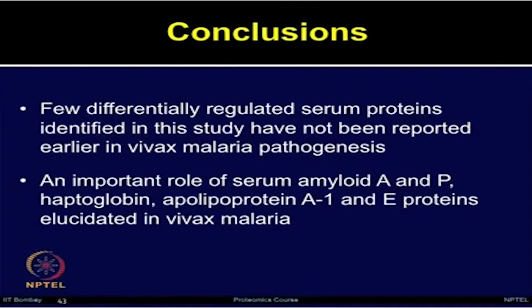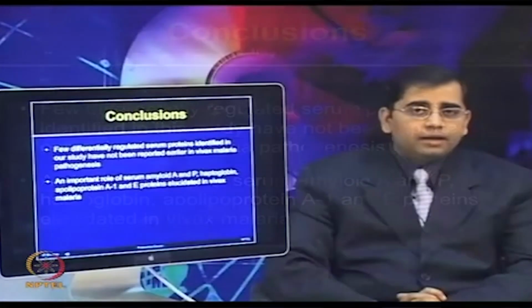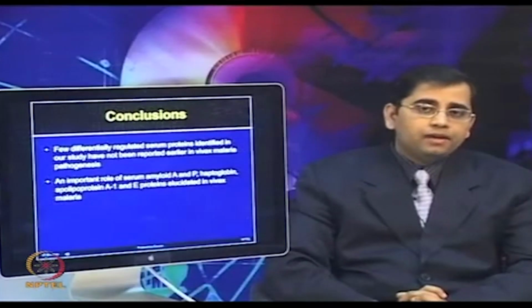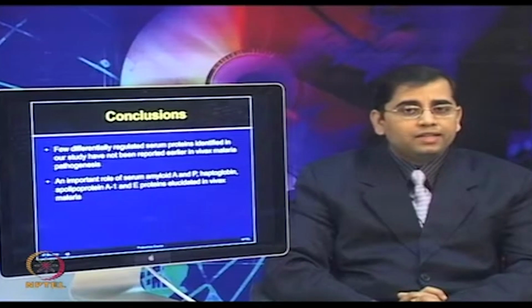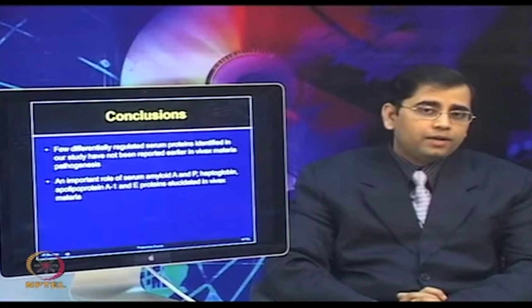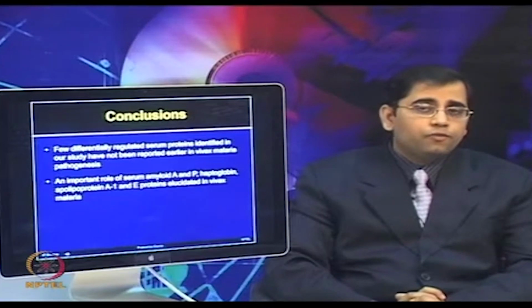A very important role of few proteins such as serum amyloid A and haptoglobin, apolipoprotein A1 and E was established in the vivax malaria, and this study finally enhanced our understanding for the basis of disease pathogenesis and provided few potential targets which could be used for further investigation.